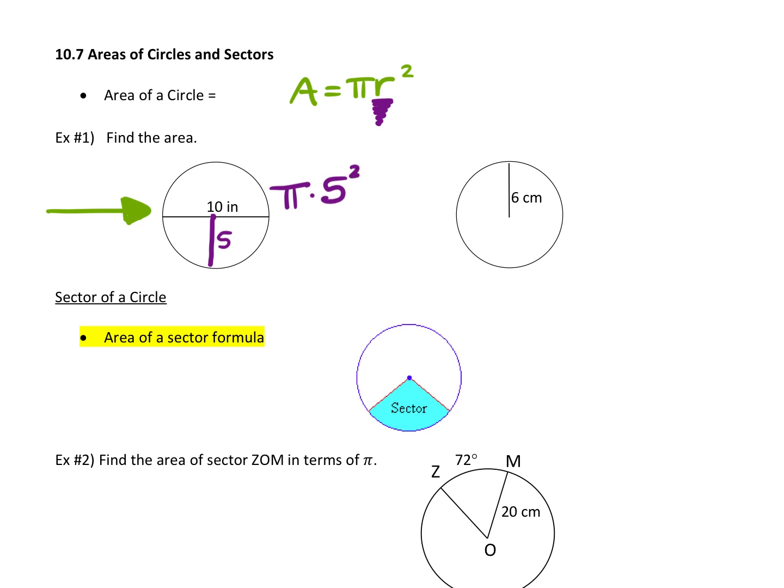Don't square the pi. You only square your radius. So to rewrite this, you would say 25 pi. How do you label the units? Inches squared, right? It's an area. So that would be the area of that circle.